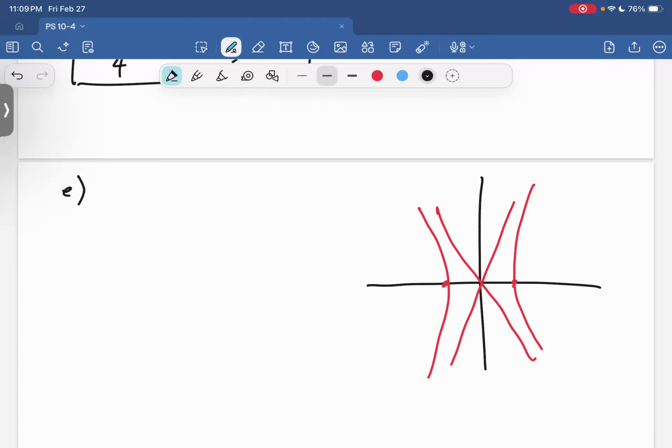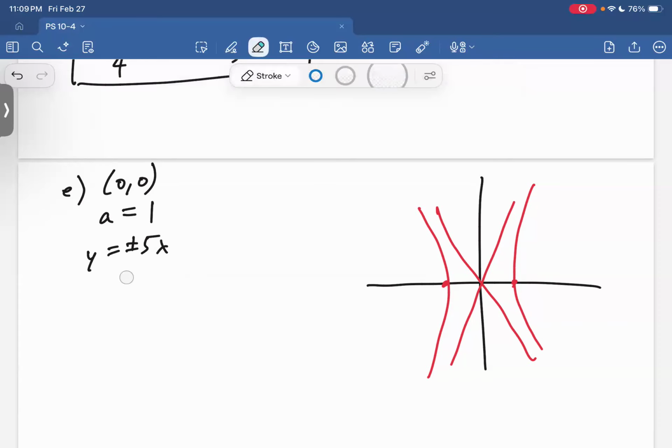Okay. So based on where the vertices are, I know the center is at 0, 0. I also know that a is equal to 1. And I also know that the asymptotes are y equals plus or minus 5x. And because this is a horizontal hyperbola, the slope, plus or minus 5, should correspond to plus or minus b over a.